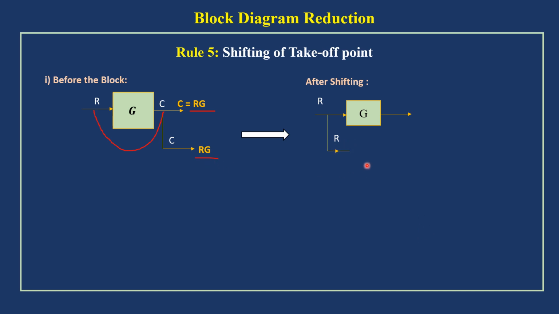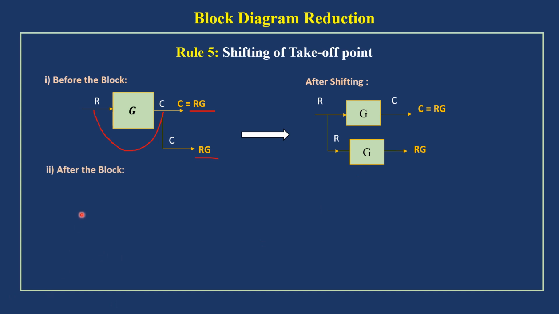So we can include another block which represents the system gain G. Now we will get the takeoff point output as RG, so the output is maintained the same, and the main output is also RG. So to shift the takeoff point before the block, we should include the gain.